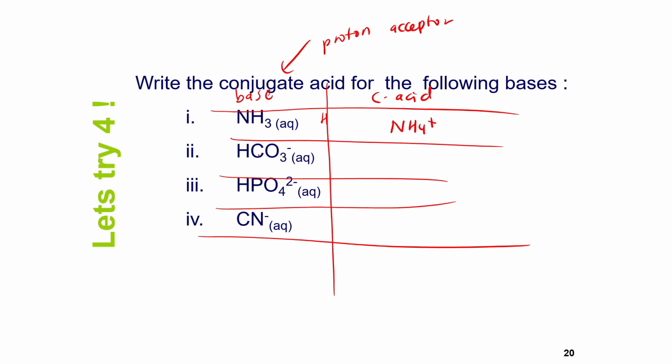So HCO3- receive 1 hydrogen form H2CO3. So HPO4 2- receive another hydrogen jadi H2PO4-. CN- receive 1H+ form HCN.